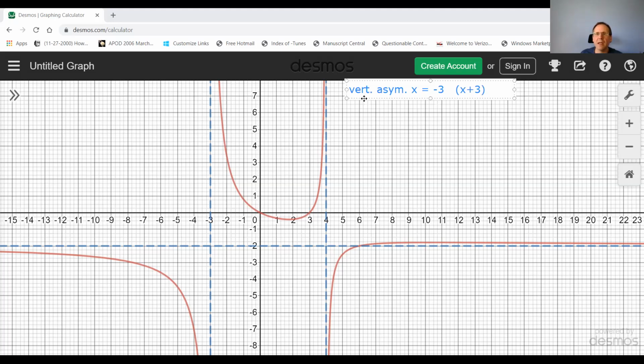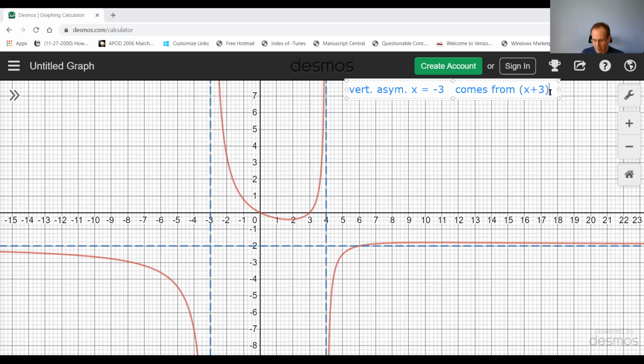And what is the exponent? Here, I'll write it. This comes from x plus 3. And because one side is going to positive infinity, the other side is going to negative infinity, right? They're going opposite directions. That factor, the exponent there is a 1. And this factor is going to be in the denominator, right? Because when we're talking about vertical asymptotes, it's where the denominator is equal to 0, when it's undefined.